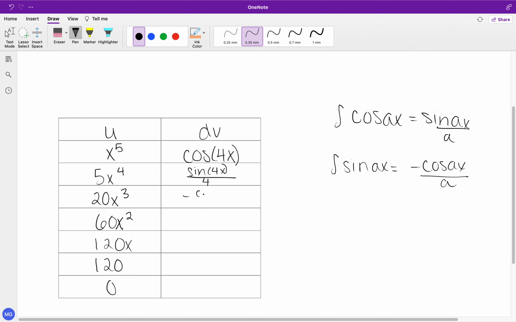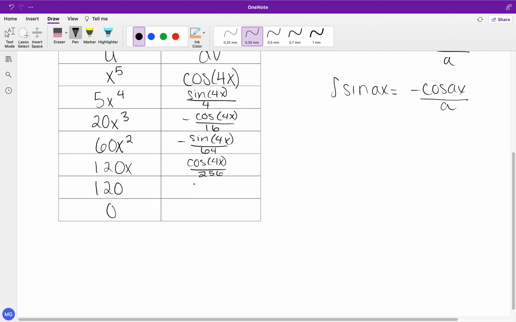Then it will be negative cosine of 4x over 16. Then it'll be negative sine of 4x over 64. Then it'll be cosine of 4x over 256.